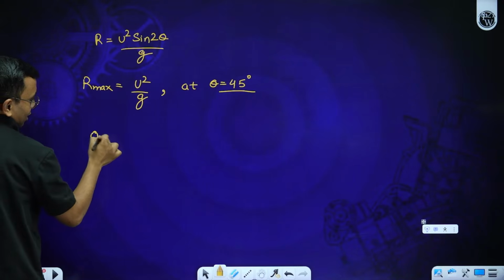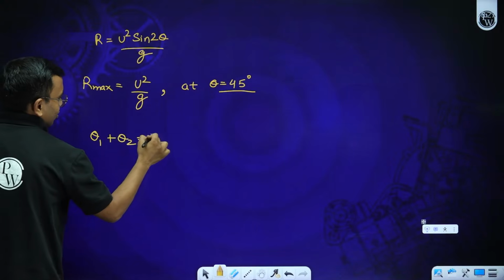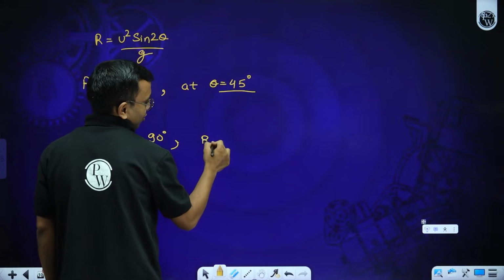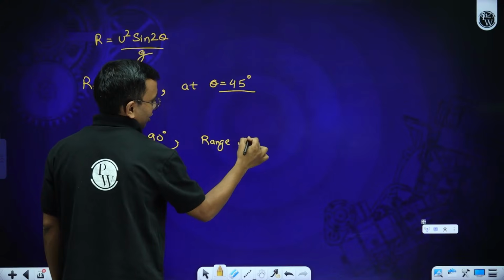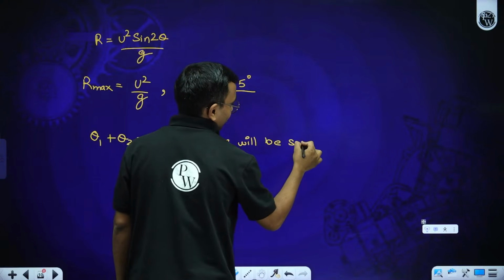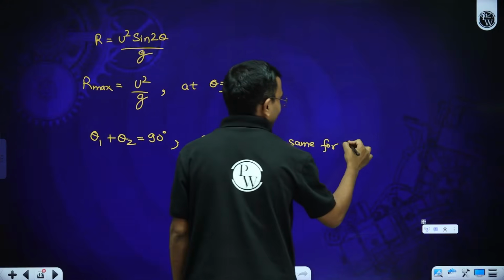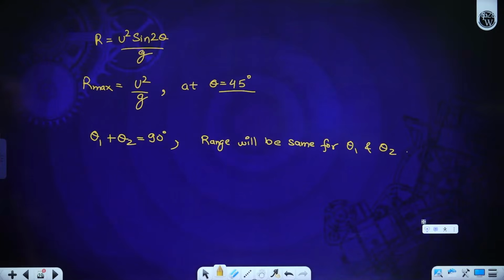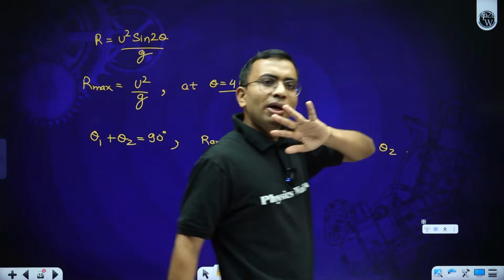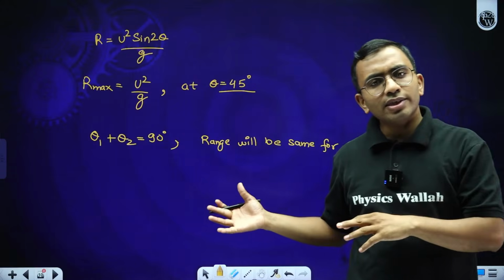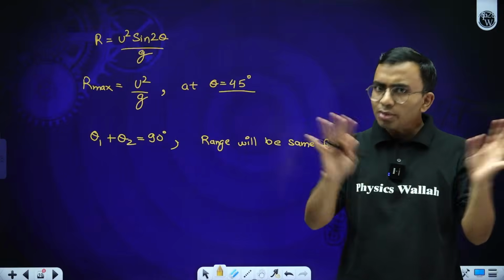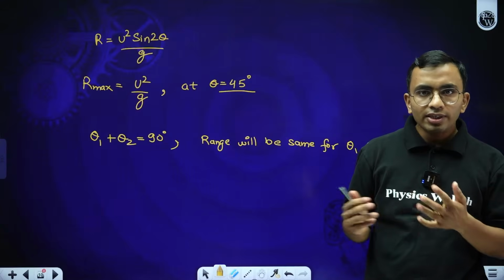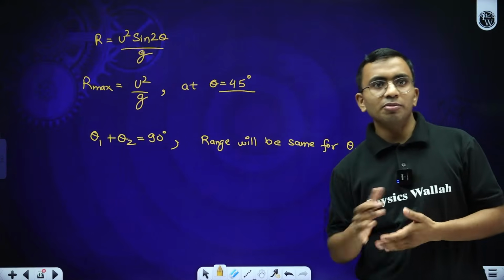So if theta 1 plus theta 2 is equal to 90 degree, the range will be same for theta 1 and theta 2. Either you throw a particle at 60 degree or at 30 degree, range will be same. Maximum height will not be same, but horizontal range will be same. If you throw a particle at 37 degree or 53 degree, the range will be same.